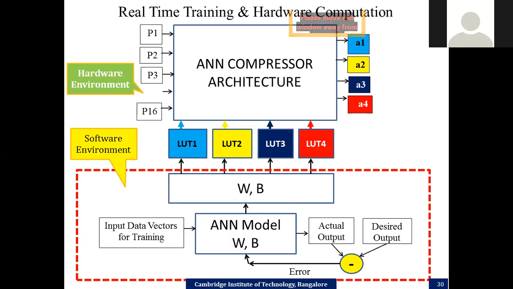At that point, you decide, okay, I have trained my network and obtained optimal weights and bias. Now load the data into the LUT. Once you load the data into the LUT, you are on the hardware side, and there is no time limit now, because you apply the input, the data is processed, and it comes out. Everything is now happening in the hardware part.